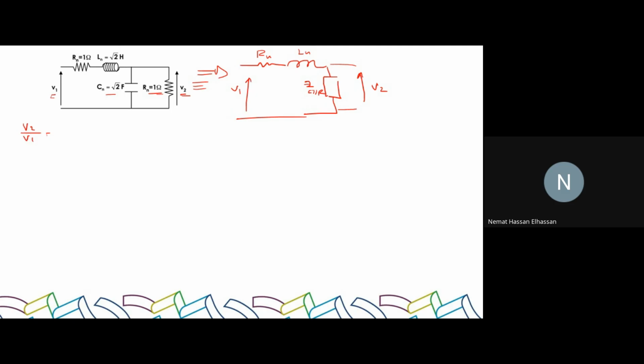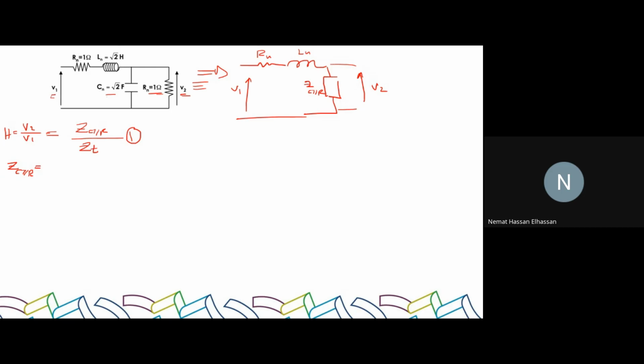Now, can I find the transfer function H of S, which is V2 over V1? So I can use the voltage divider rule, right? Which states that the voltage V2 over V1 will be equal to the parallel branch impedance divided by the total impedance, correct? Let's call this equation 1, just for reference. Now let's try to find what is ZC parallel with R. What would that be equal to?